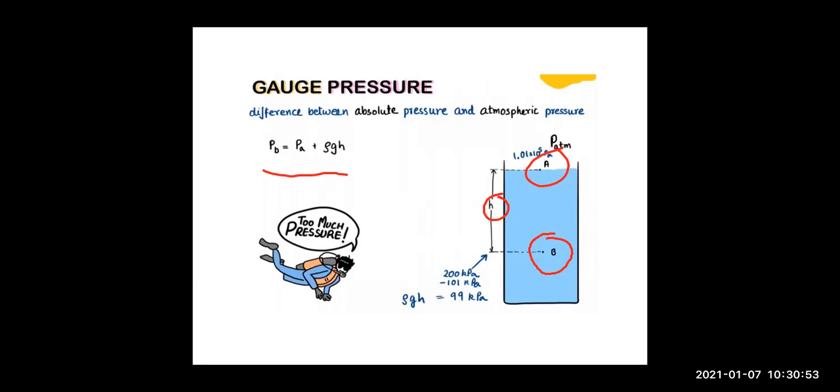So rho gh is going to give you the absolute pressure, right, children? And the difference between the absolute pressure and the atmospheric pressure is your gauge pressure. Okay, so this is about your gauge pressure.